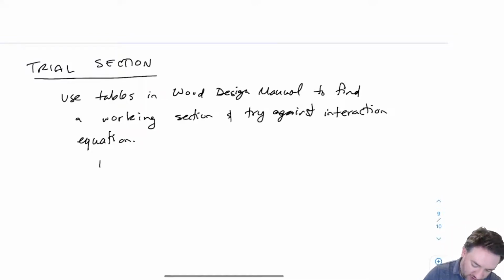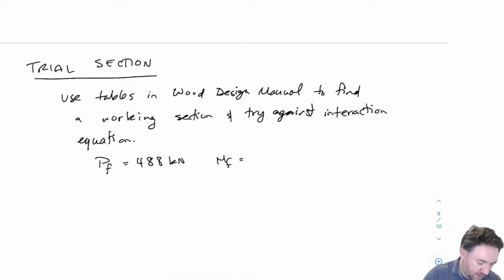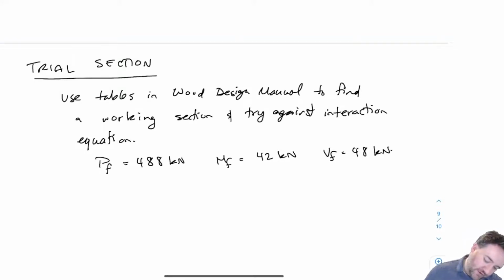Here, if we recall, are some of the higher Pf and Mf values. So this was the highest one for 88 kilonewtons. Mf max was about 42. And Vf max was around 48. So those are kind of our targets.